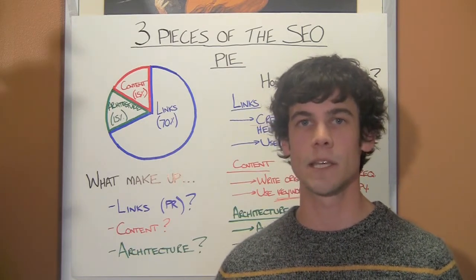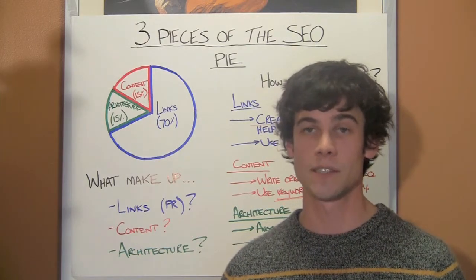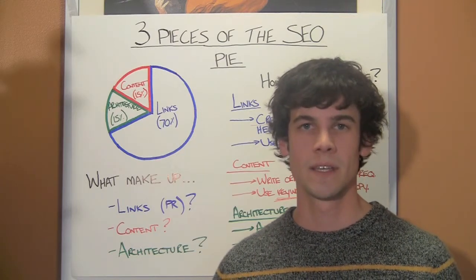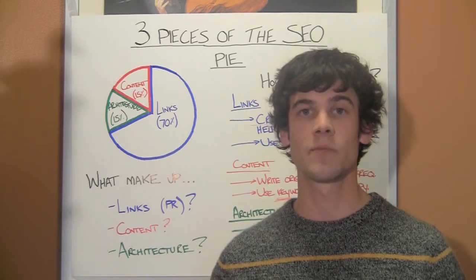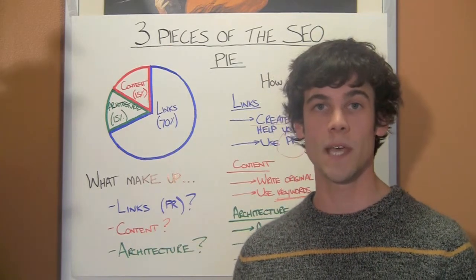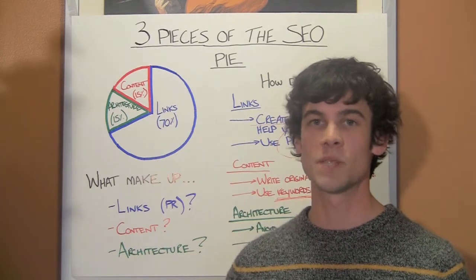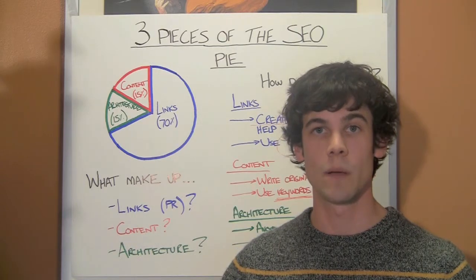And getting these links from highly authoritative sites, a site like CNN, or maybe a site even as local as SDL Today, getting a link from one of these sites to your website means that, wow, you must have some authority. You must be pretty credible if CNN or SDL Today is linking to your website.